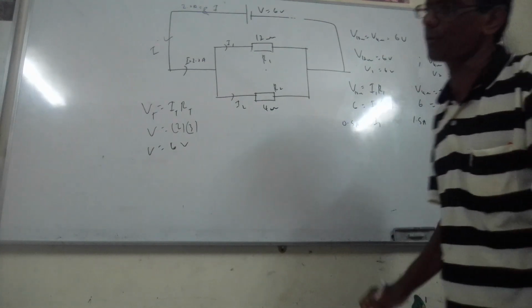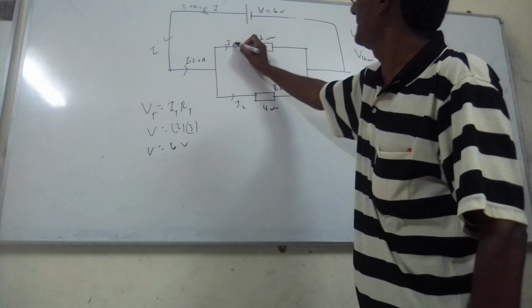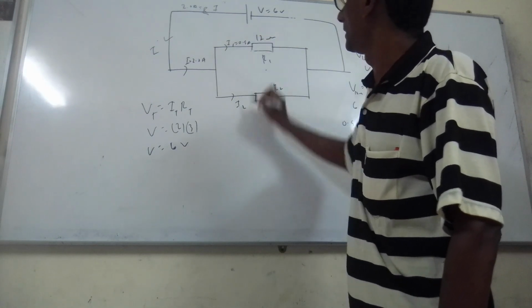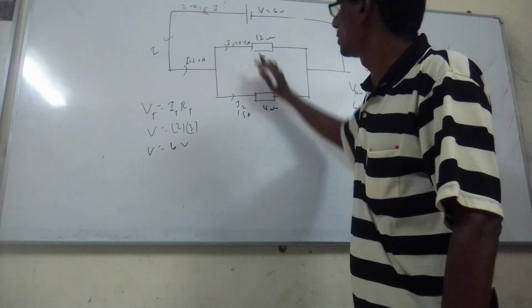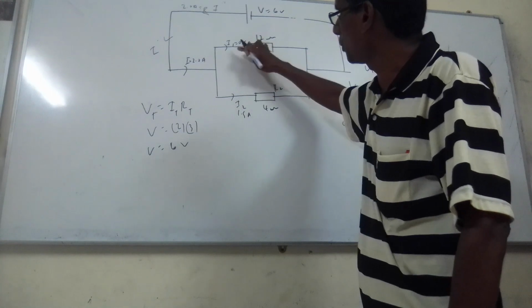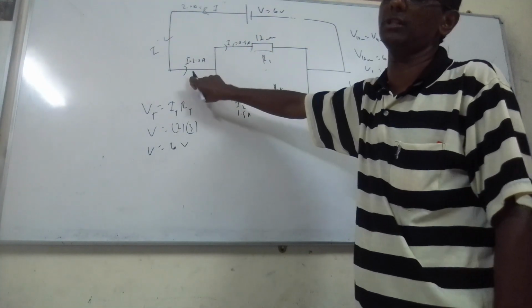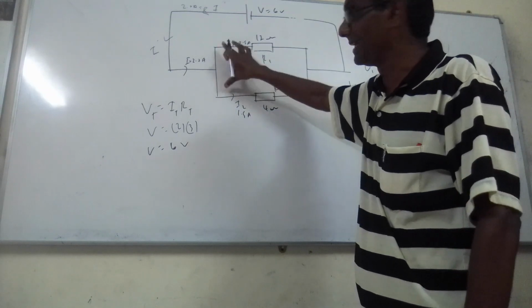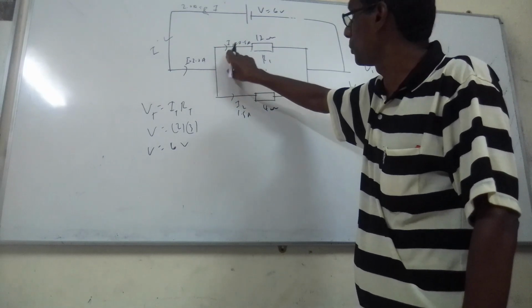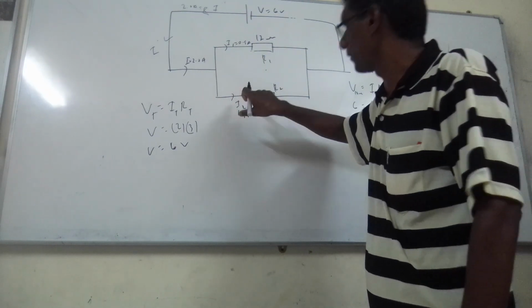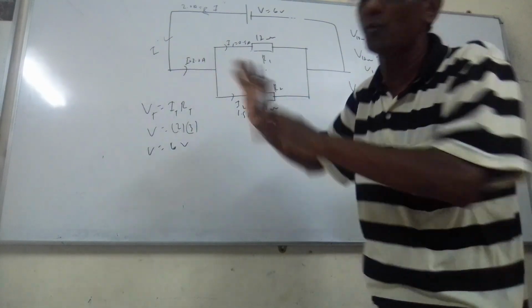So our working is correct, because this is 0.5 ampere and this is 1.5 ampere. The split currents plus each other must be the same as the total current. 0.5 plus 1.5 is equal to 2 ampere. So our working is correct.